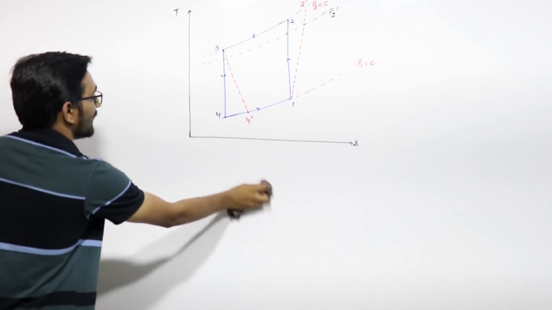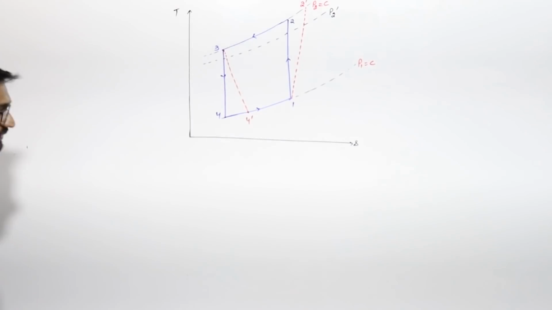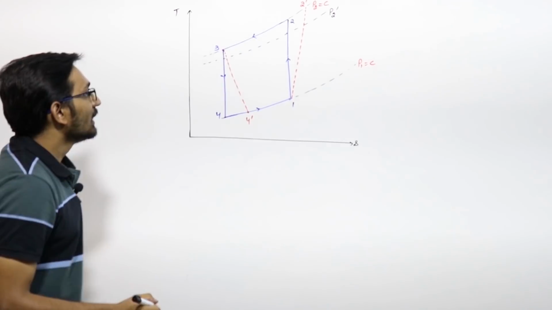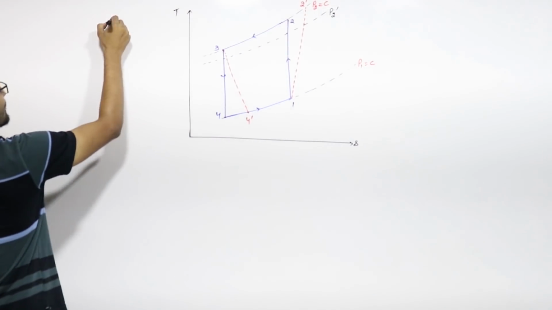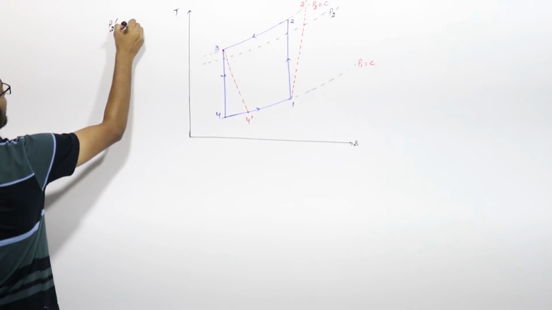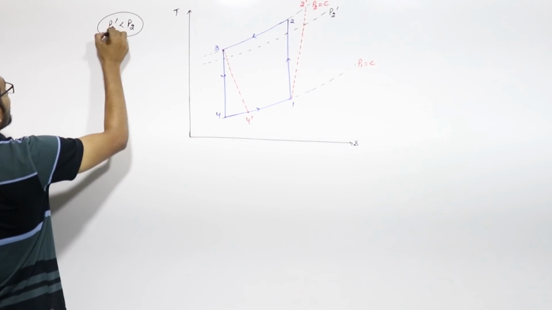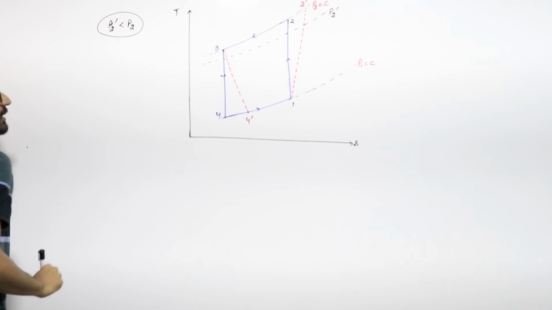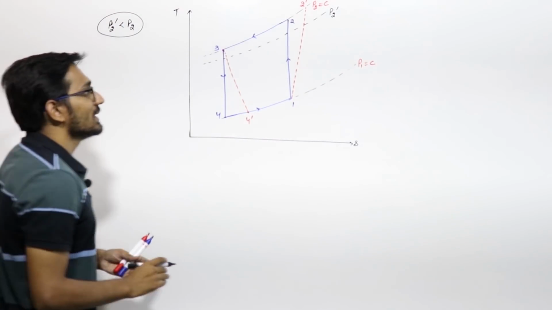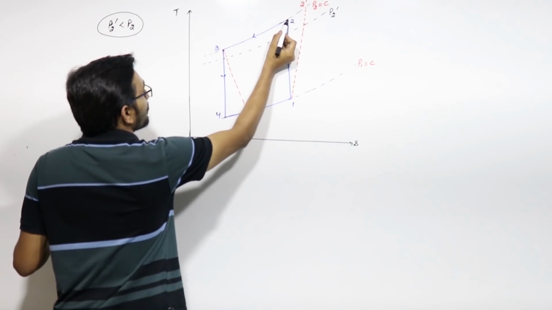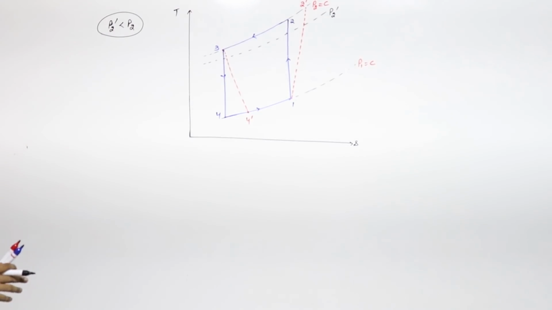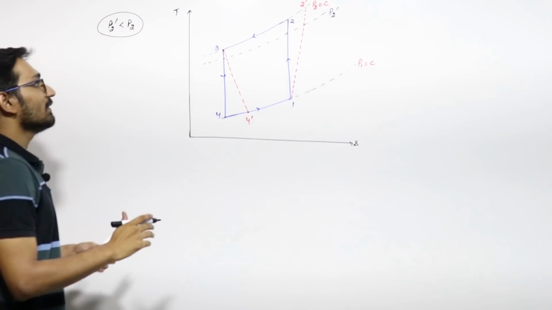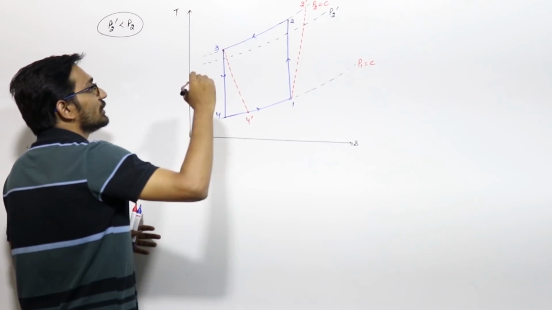Now we can say that pressure is lost in the heat exchange process. Let us say in the 2 to 3 process pressure is lost. Let us say this line of pressure is P2 dash, and we can say that P2 dash is less than P2. Now the process which is going like this, 2 to 3, now it will go like 2 to 3 dash.